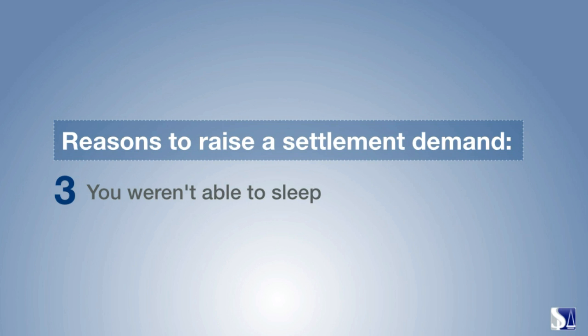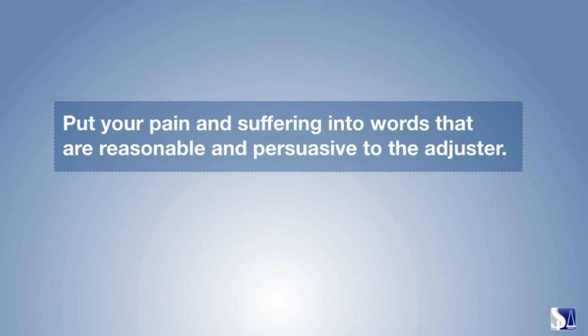To succeed in raising your settlement amount, you must be able to put your pain and suffering into words that are clear, reasonable, and persuasive to the adjuster. Take time to think about what you lost and how you suffered as a result of the injury. You only have one opportunity to settle your claim, so don't hold back. Keep a journal and write down specific instances of how your injury interfered with your daily life.